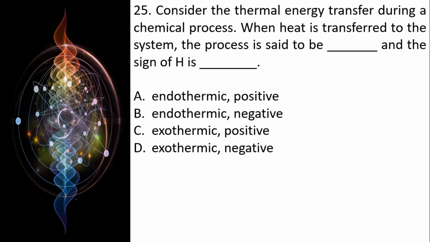Okay? So when heat is transferred to the system, the process is said to be endothermic, and the sign of H, by the way, in thermodynamics is enthalpy. Is it positive or negative? So the sign of enthalpy is positive.